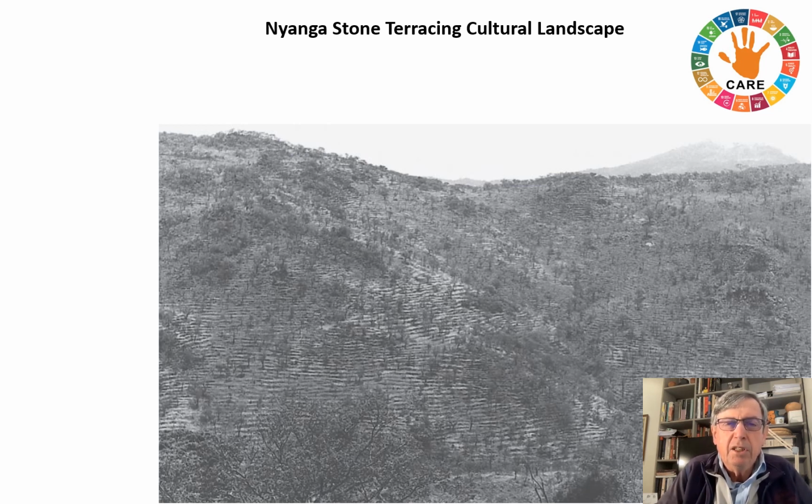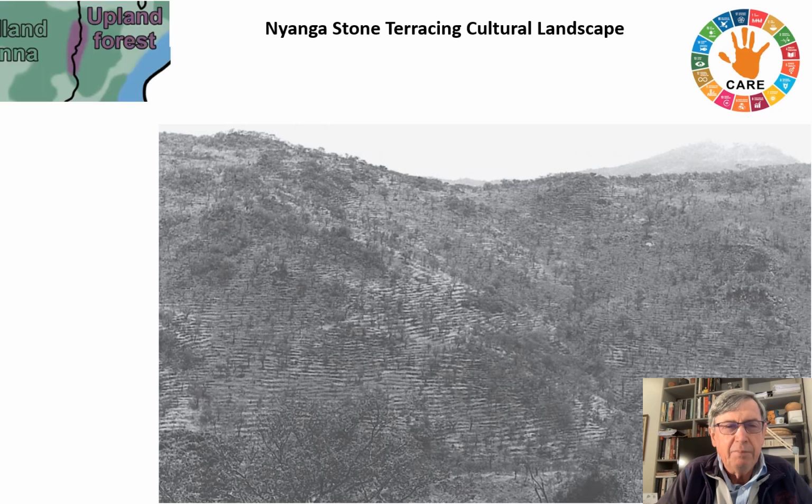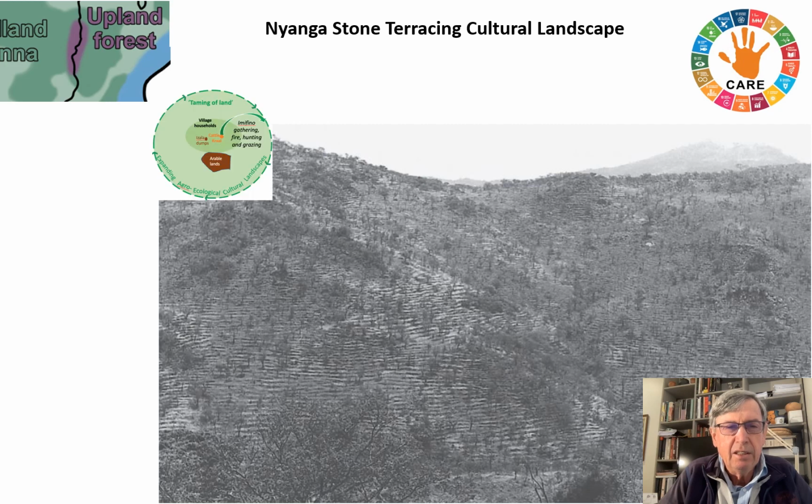Off to Nyanga now, and one of the earliest stone cultures. It's very similar to the Bokoni in the Mpumalanga area of South Africa. And here again, upland forest and savanna and grasslands being combined, and cultural adaptation of producing these terraces.